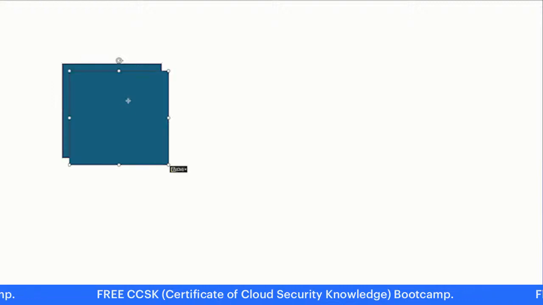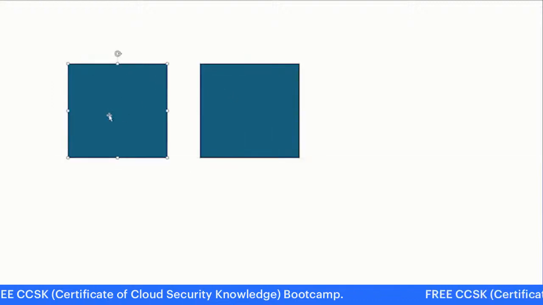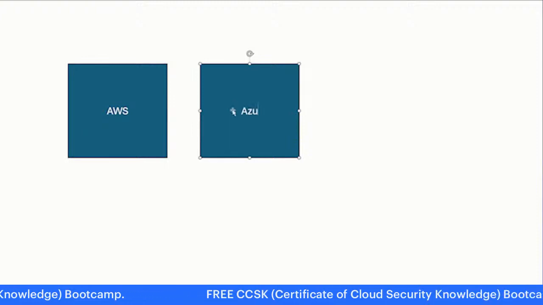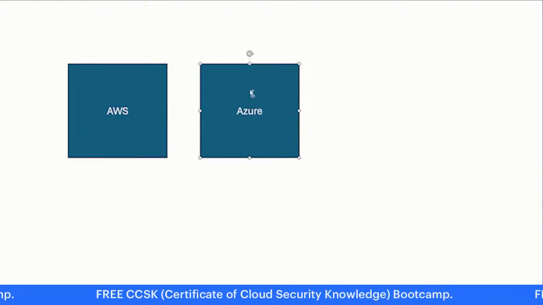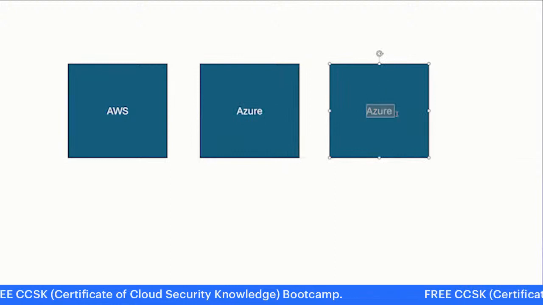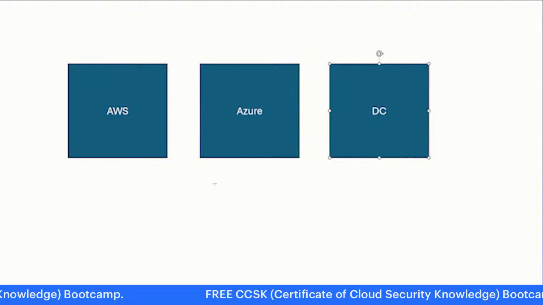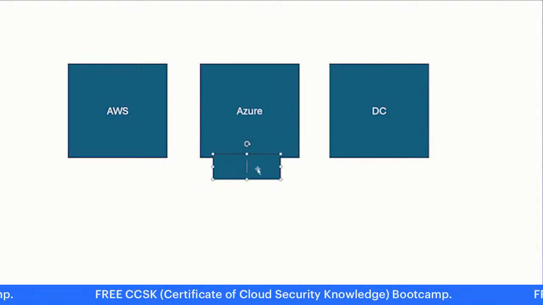Let's say you are in a multi-cloud architecture where you've got AWS, you've got Azure, it doesn't matter which cloud it is, and you've got your data center. And you've got containers that are running in all cloud providers.